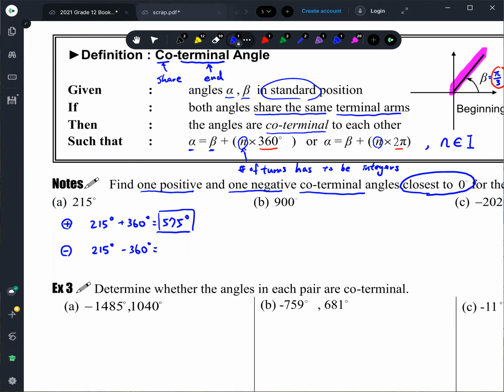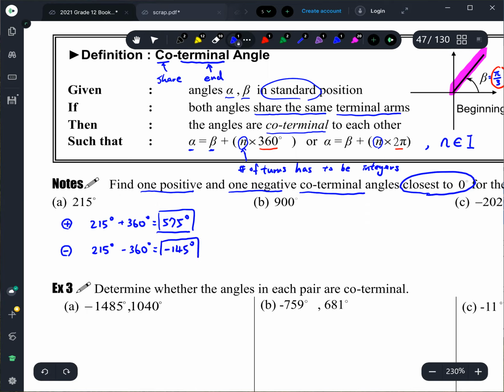All right, so how big would this one become, Marcus? Negative 145. Yeah, negative 145 degrees. Don't forget degrees. These two are the answers that we are looking for. Of course, if you keep on subtracting, it will still be negative.